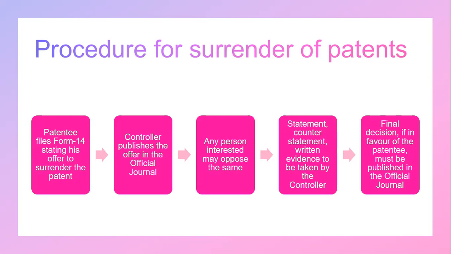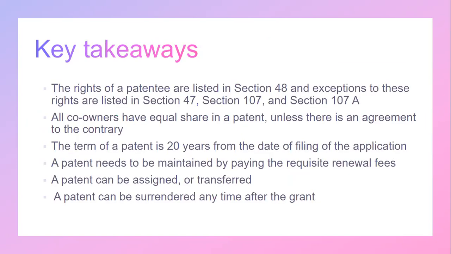So I'll just move forward. What is the timeline, madam? Sorry? What is the timeline? For what? Timeline for this, the previous slide. So I don't think there is any timeline which is mentioned. Surrender of patent can be done at any time while the patent is in force. And I think it should be 2 or 3 months for the opposition to be given by any person interested.